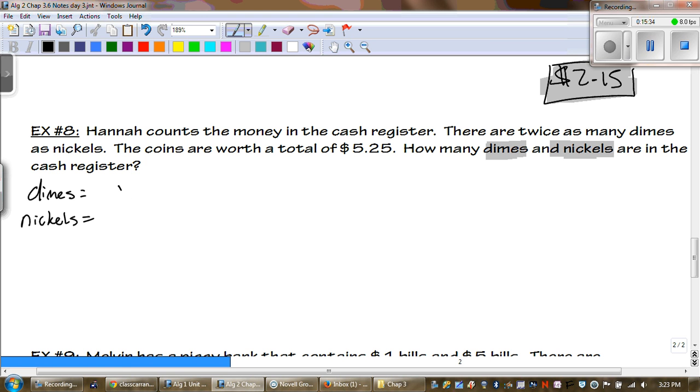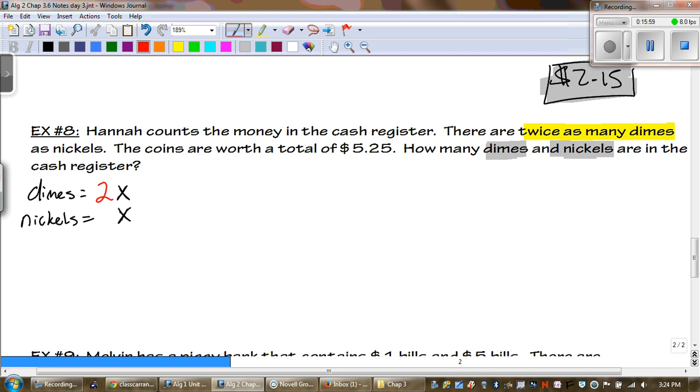And now, just like in the last section where we said that we can't solve it with two separate variables, we can only have one, we have to pay attention to the relationship. And the relationship tells us that there are twice as many dimes as there are nickels.